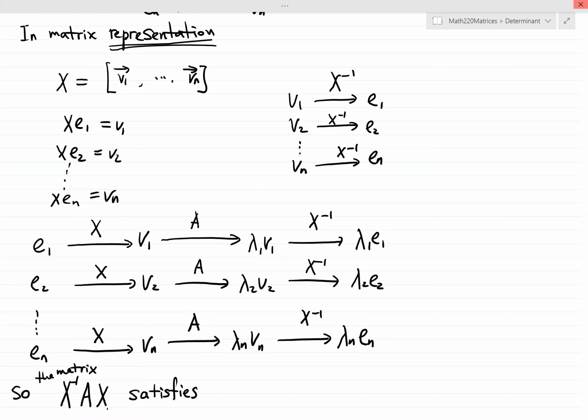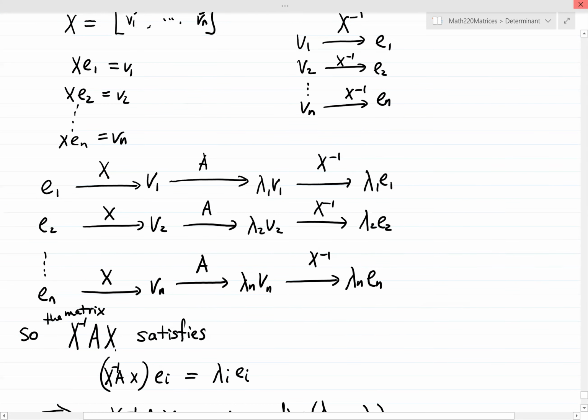So there are three steps: X, A, X inverse, the composition of the three matrices. The composition operation actually looks exactly like the diagonal matrix.